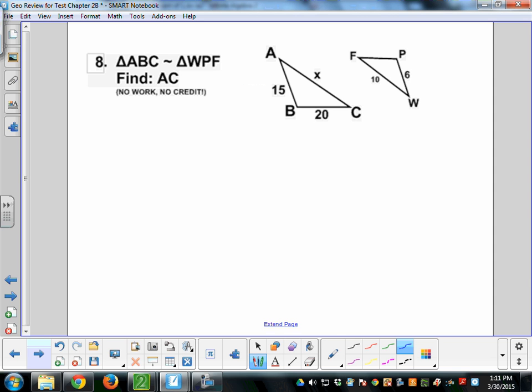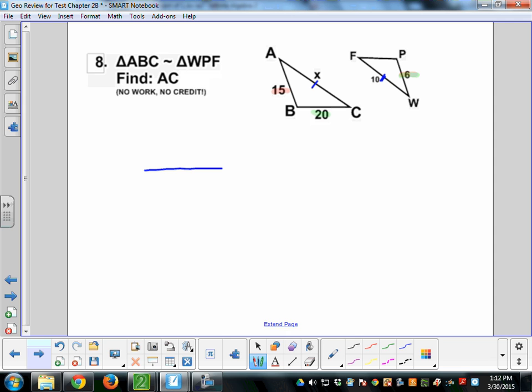Number 8, very basic problem. You just have to make sure you match up the right parts, and we've used these not as congruency marks, but just to match up the corresponding parts. So the question is, does 15 correspond with 6, or does 20 correspond with 6?